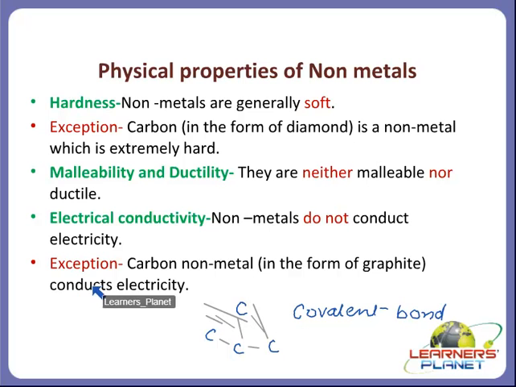Now here also, children, the only exception is carbon: the non-metal in the form of graphite conducts electricity. Graphite has a structure such that it has one free electron. I'll draw a rough structure of graphite.